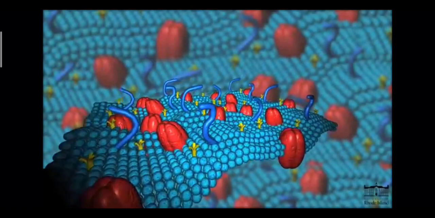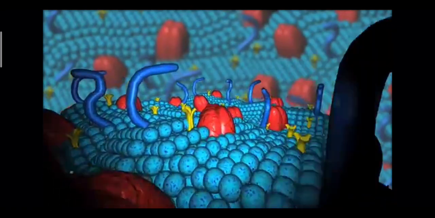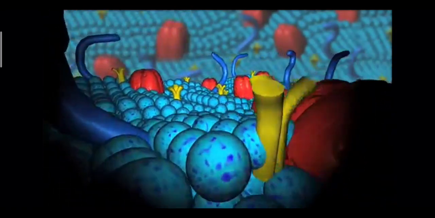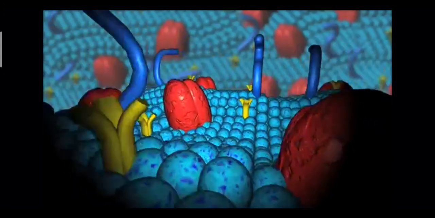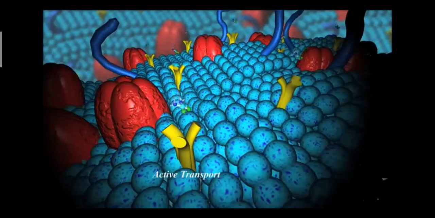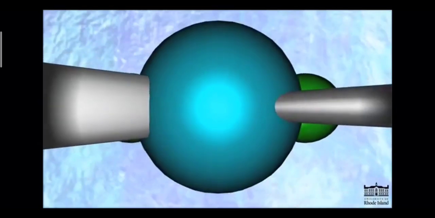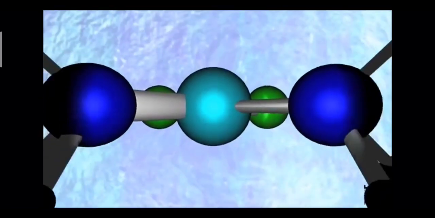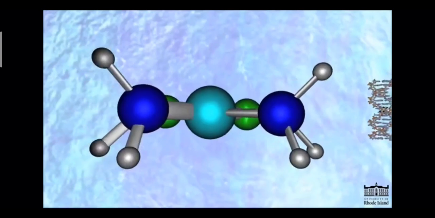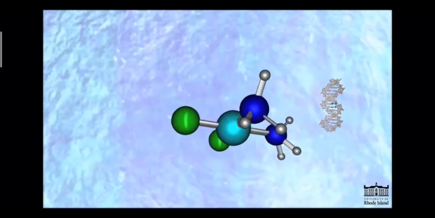Shown is the cell's membrane, where cisplatin makes first contact. Most cisplatin enters the body through active transport, but some molecules are passively diffused through the cell membrane. Once in the nucleus, cisplatin can form an adduct with two consecutive guanine bases within a strand of DNA.